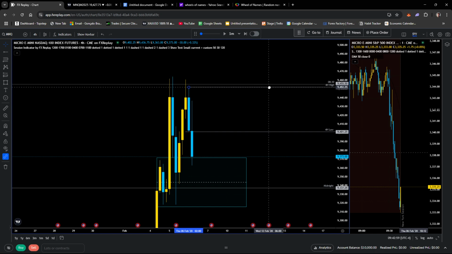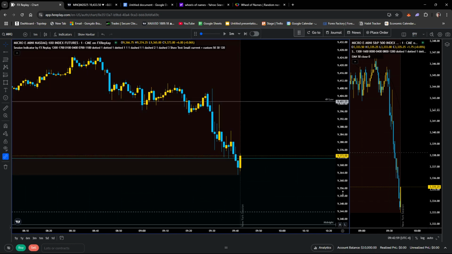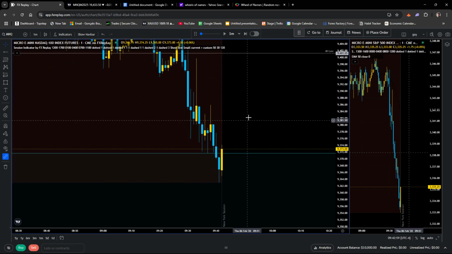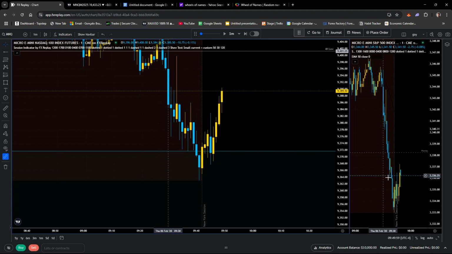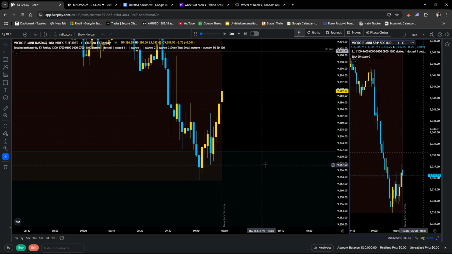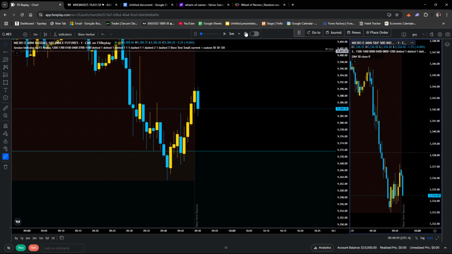High is still intact. So we are bullish. So we're going to actually take a buy position. We're going to need bullish order flow or a bullish SMT. Okay, we're respecting one gap here.